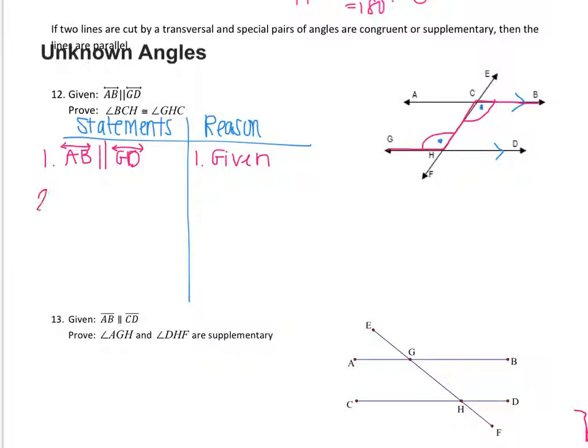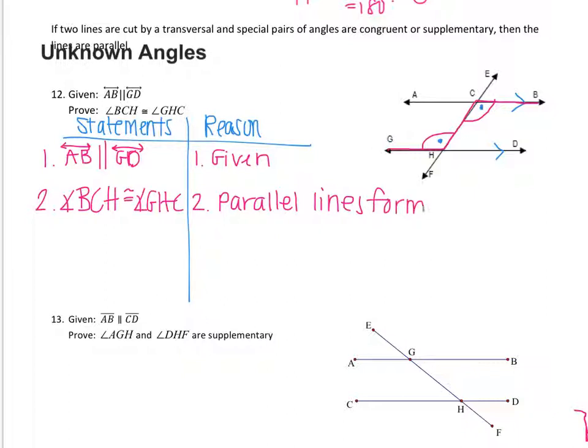So we can actually prove this in 2 steps. Our next step is that angle BCH is congruent to angle GHC. And again, our reason is because parallel lines form congruent alternate interior angles.